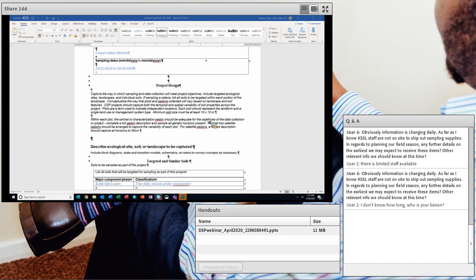Someone is asking, we want to do sampling in areas that are not currently under anthropogenic management, like marsh migration. I actually think these projects are being planned as DSP, so I obviously yada-yada over that, but it looks like in a marsh system, I think that's a fantastic idea. Those totally count.